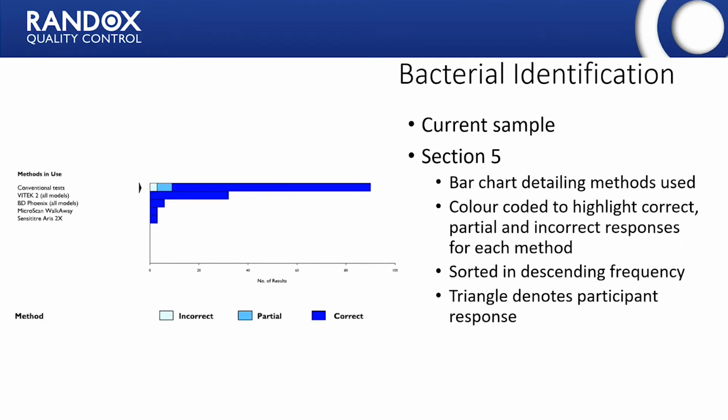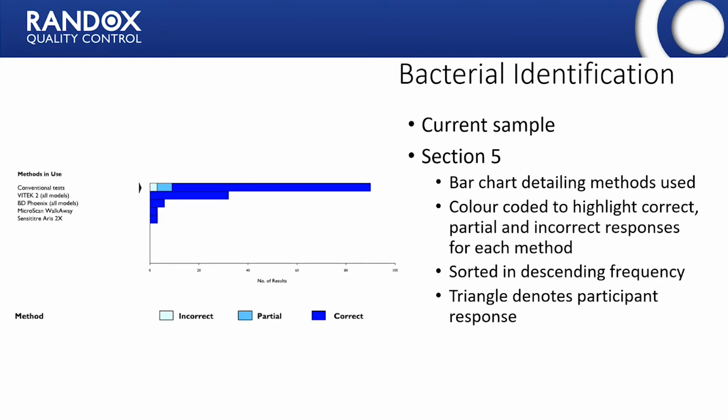Next section down is where we're showing the breakdown by method, and then the number of correct, partial or incorrect scores. These are the partial evaluations or incorrect evaluations for this individual sample. Once again, the triangle denotes the participant's response, and once again, it's sorted in descending frequency.